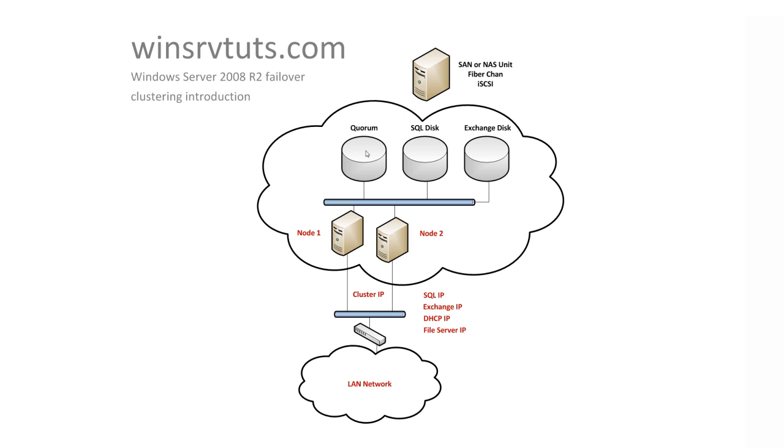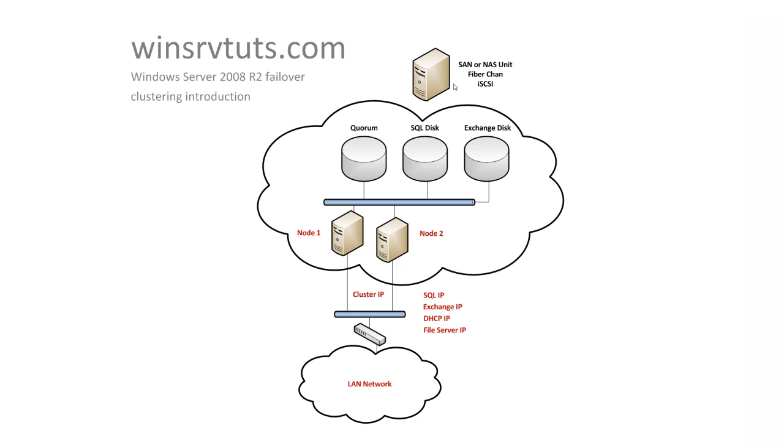Let's say the first one is 200 gigabytes, the second one is 300 gigabytes, and the third one is 300 gigabytes. That would give you 1 terabyte total, and maybe this is the F drive, this is the G drive, and this is the H drive. You can kind of think about LUNs like that. And again, LUN stands for logical unit number.